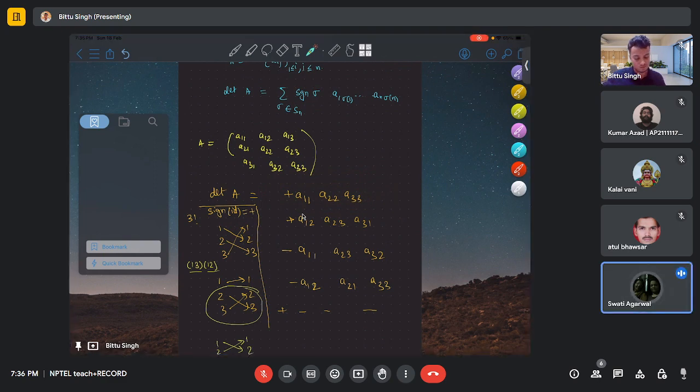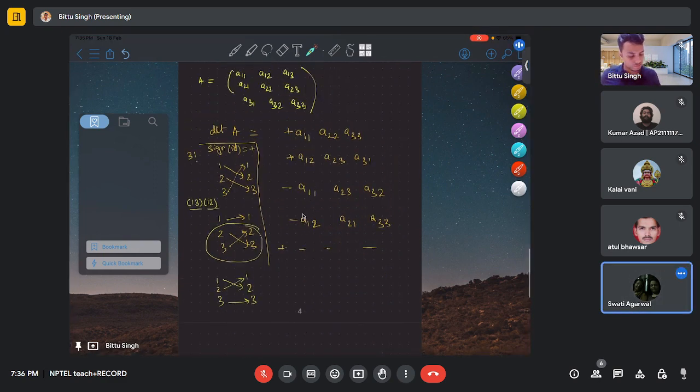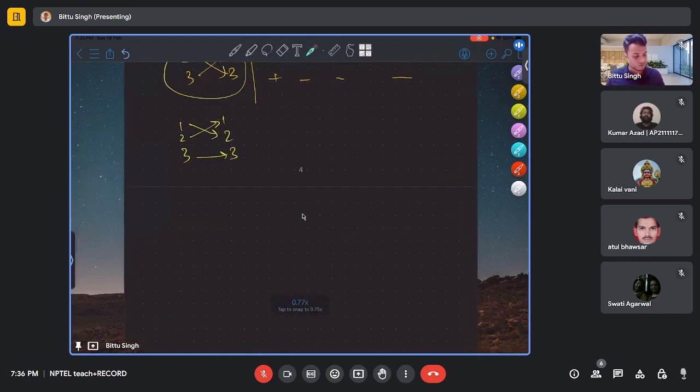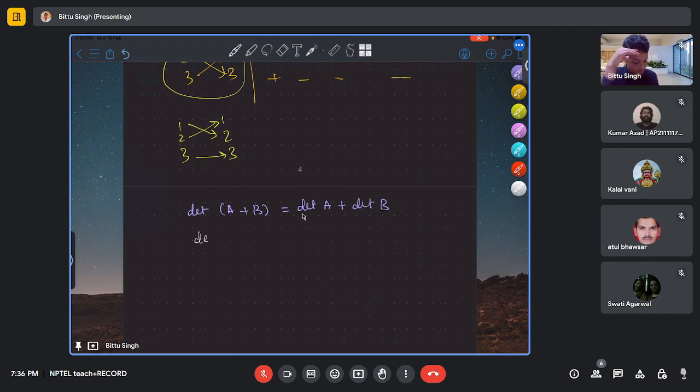So if you use this definition, you can prove many different things. There are different properties. Determinant of a plus b is same as determinant of a plus determinant of b. Another property is determinant of a times b. This is same as determinant of a times determinant of b.